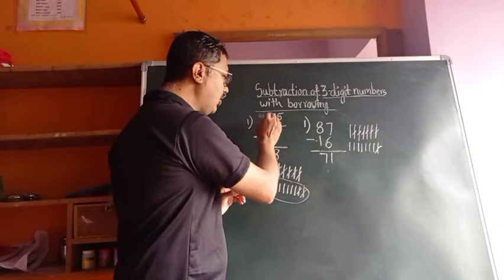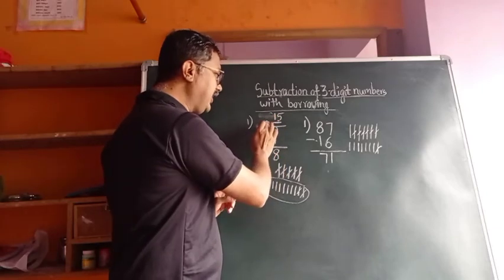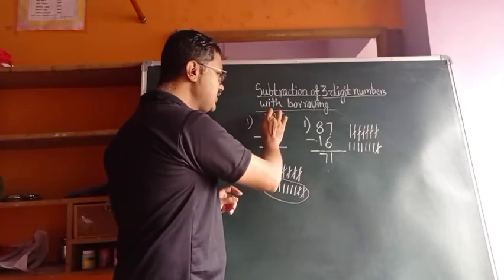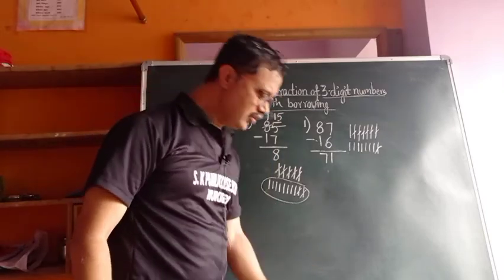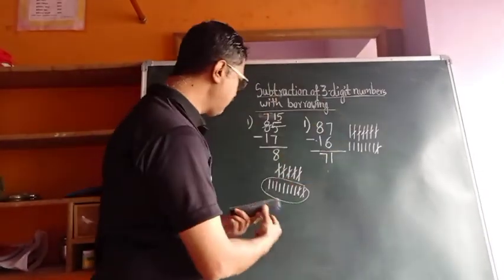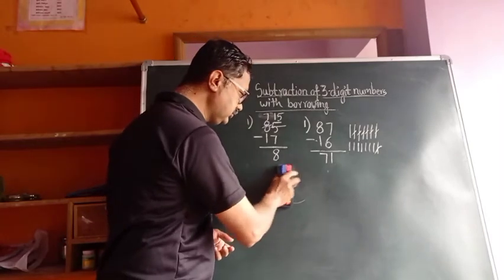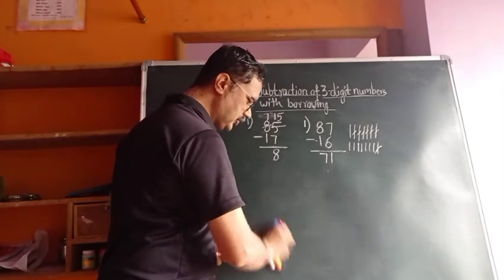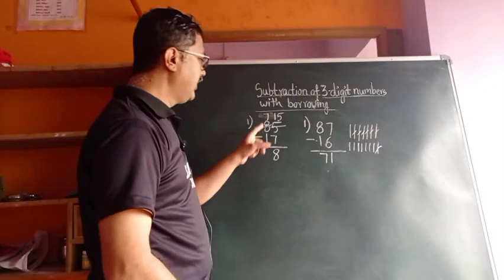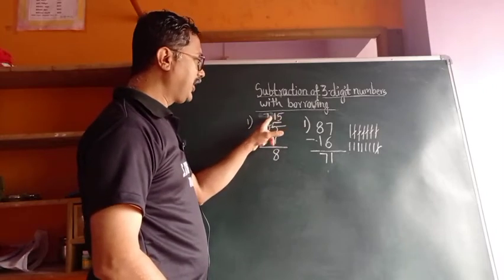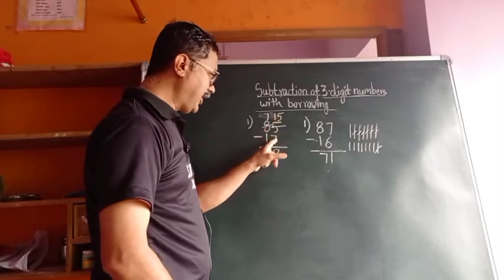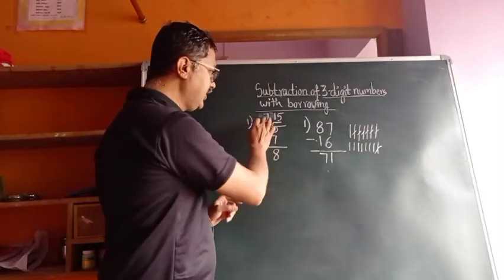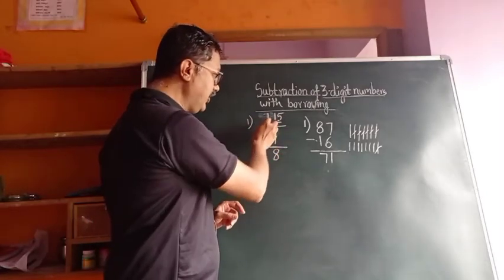So now 8 minus 1 means 7. Now the new number came here, 15 and 7. 15 minus 7 is 8.